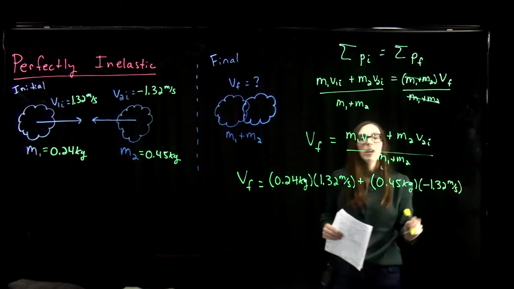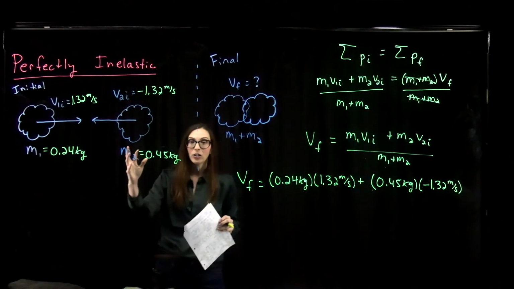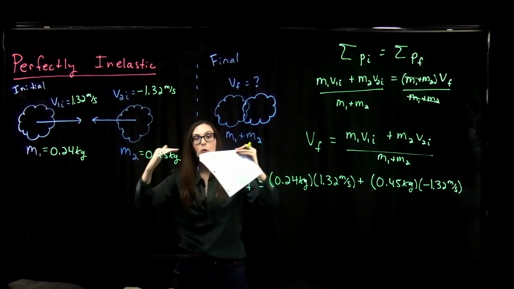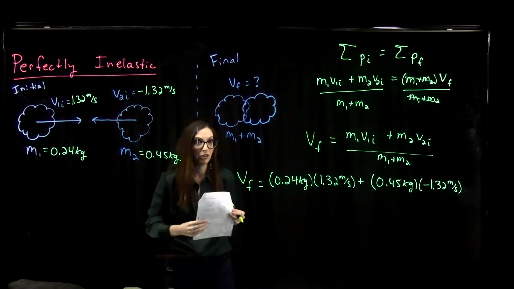I have to keep that minus sign on here. Remember that momentum is a vector, these velocities are vectors. So if those objects are moving toward each other, one of those velocities has to be positive, the other velocity has to be negative.